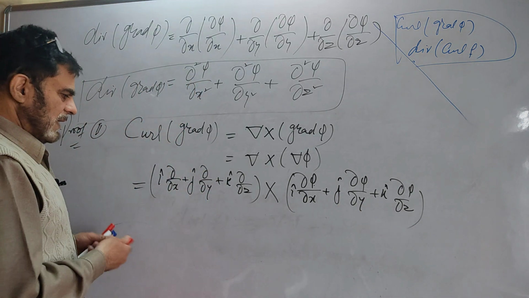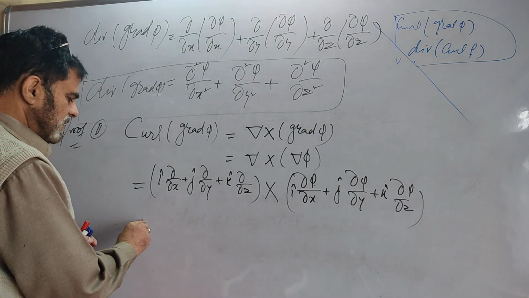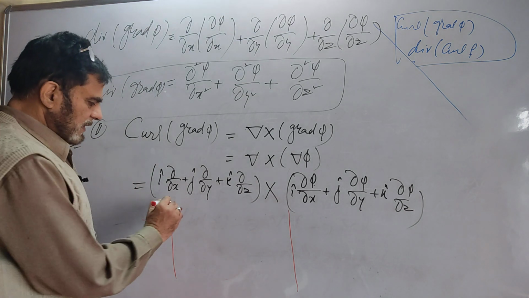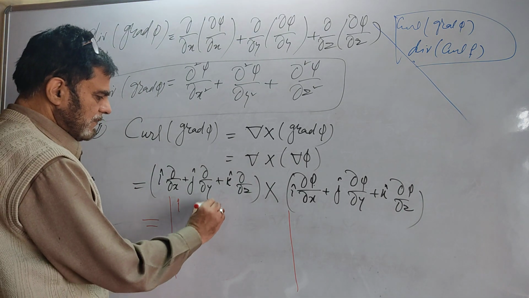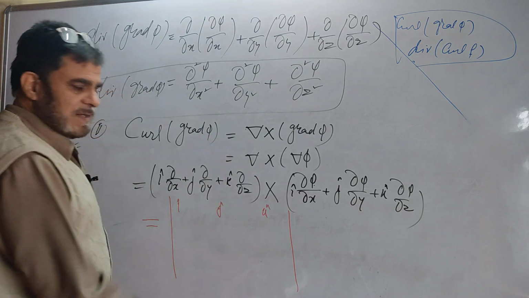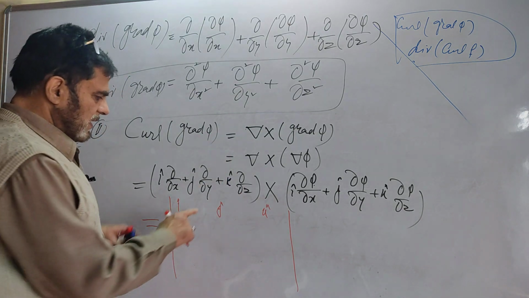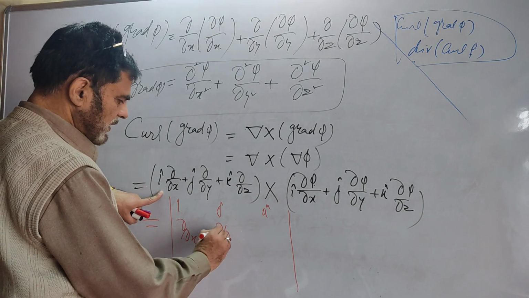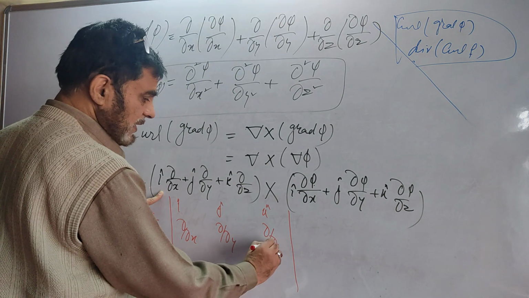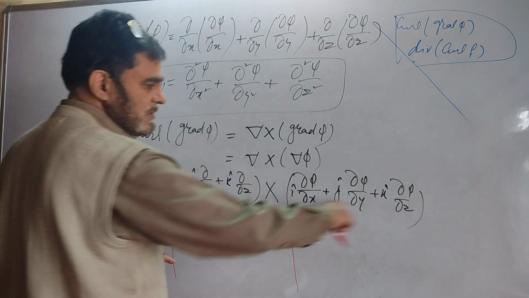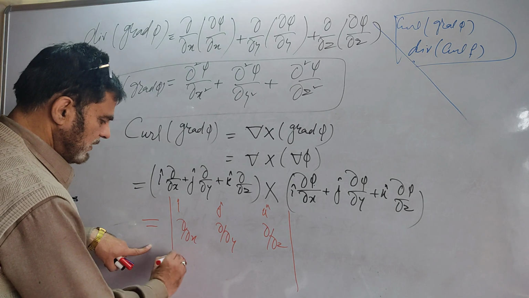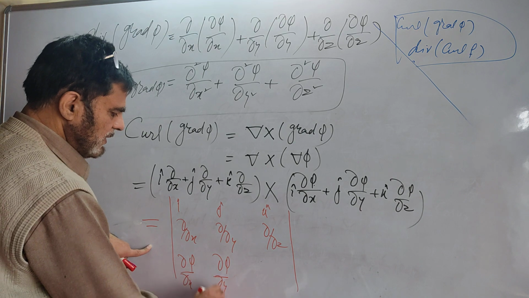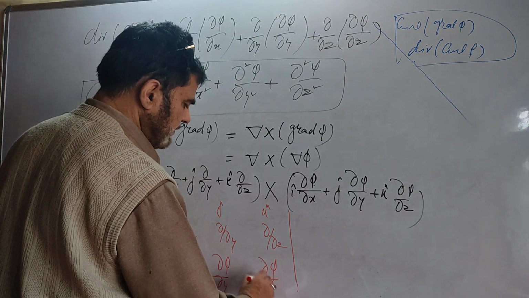So that means accordingly I can put this cross product in the determinant form like this. This is your i j k determinant form. Then components of the first vector: dou by dou x, dou by dou y, dou by dou z. Then components of this vector, coefficient of i is dou phi by dou x, dou phi by dou y, dou phi by dou z.